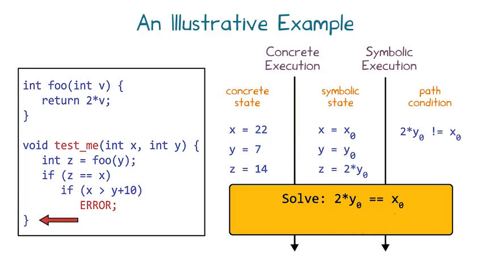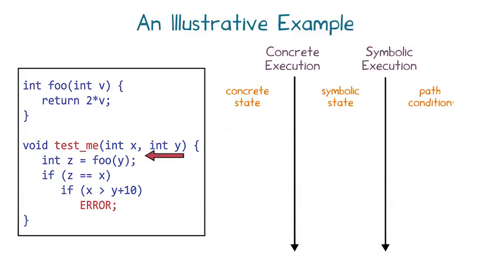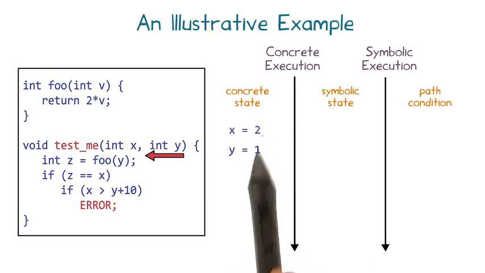There are certainly two integers satisfying this constraint. Let's suppose the solver returns x0 equals 2 and y0 equals 1. DSE then restarts the testMe function, this time calling it with the concrete input values generated by the constraint solver, x equals 2 and y equals 1.